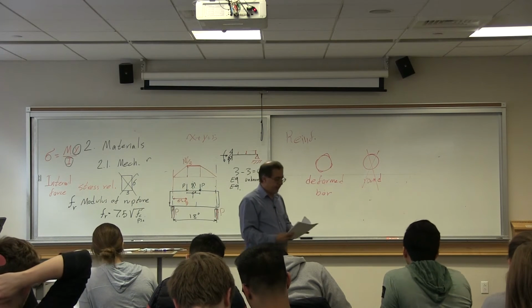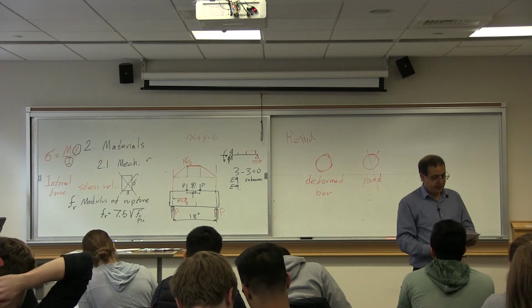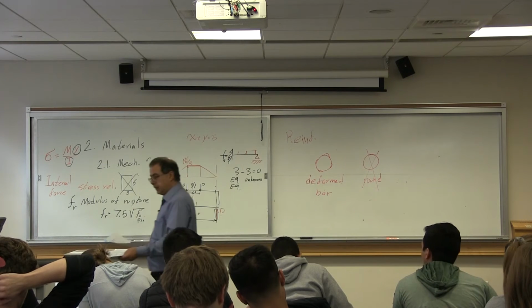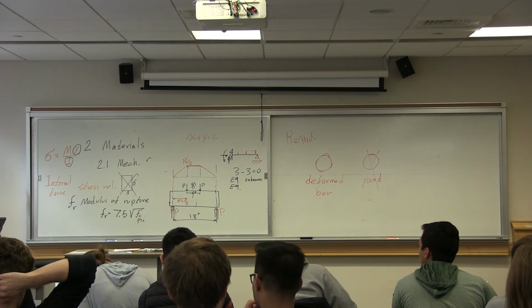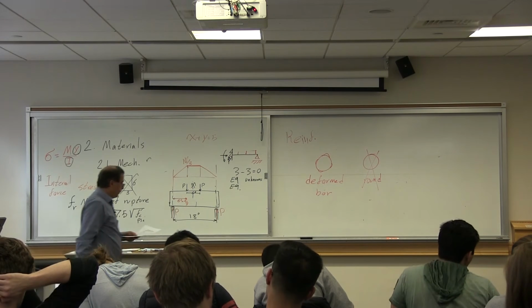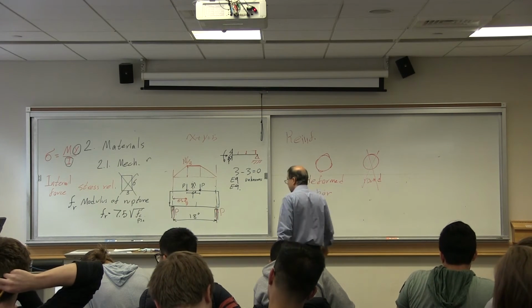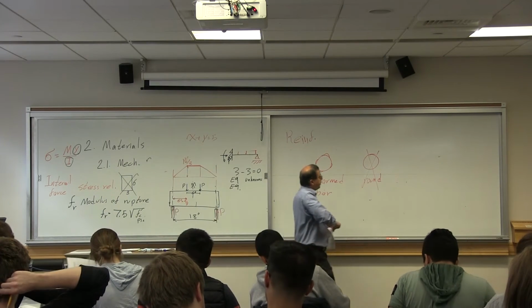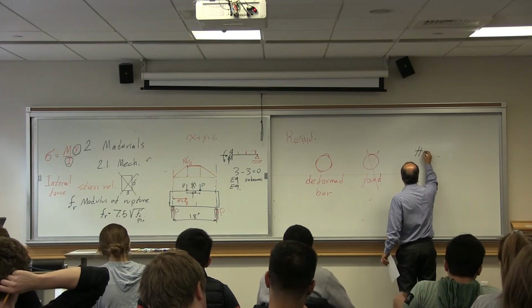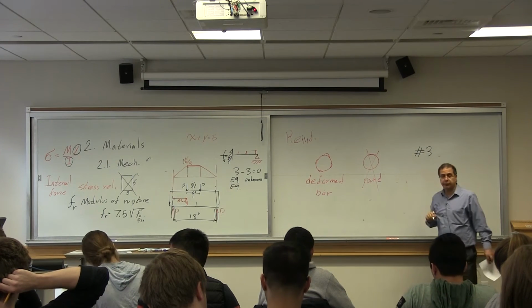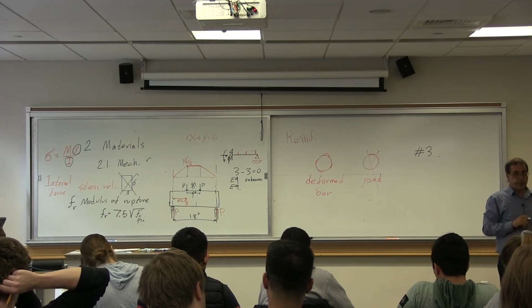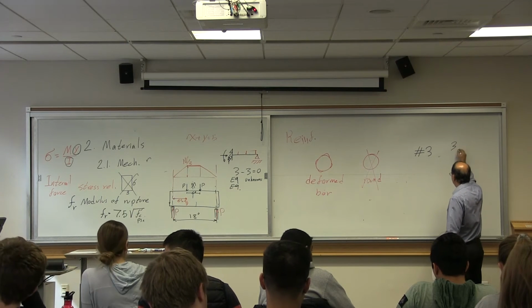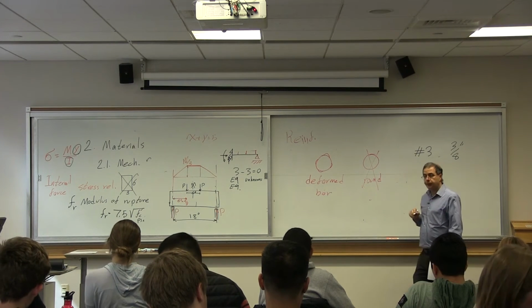Deformed bars in the US have numbers. The size of deformed bars are from 3 to 18. Let's say number 3, which is the smallest bar. The diameter of number 3 is 3/8 of an inch.